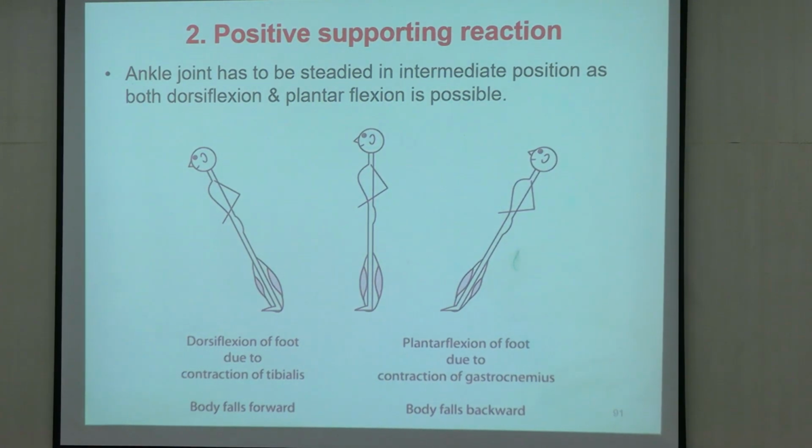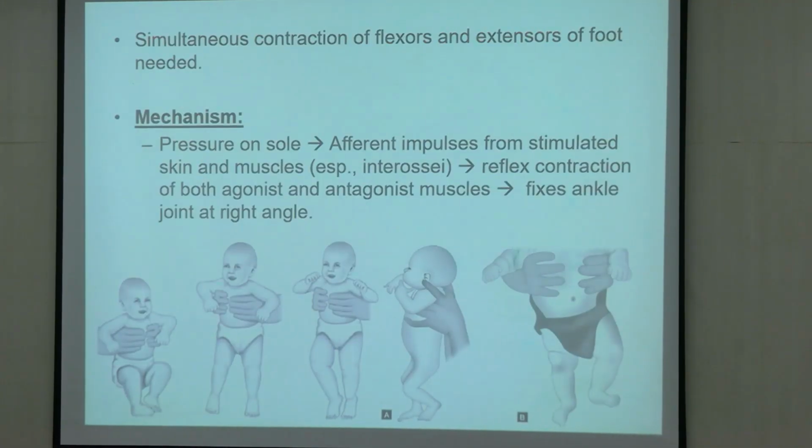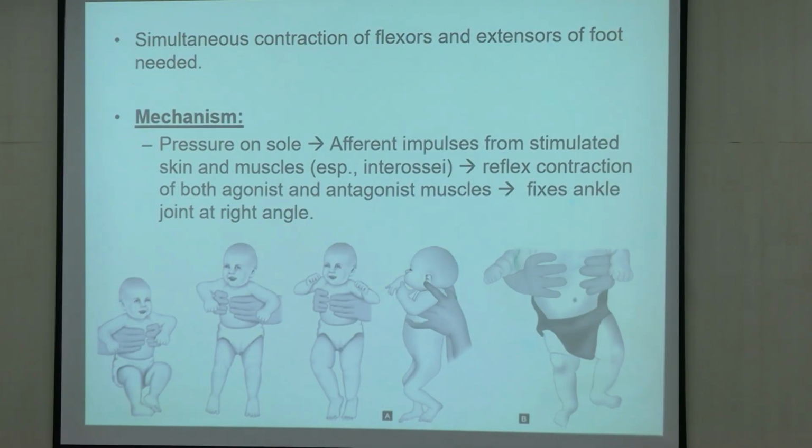So there is a tendency of falling forward. If gastrocnemius contracts, the opposite happens, right? So there is a tendency of falling backward. So we want a neutral position, right? So simultaneous contraction of both flexors and extensors. This is what we need. And how does this happen? Pressure receptors on the sole, right?